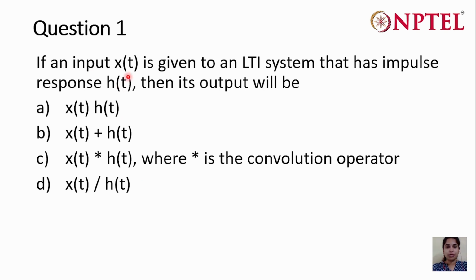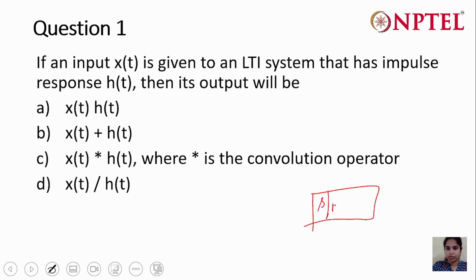If an input x of t is given to an LTI system that has impulse response h of t, what will be the output of the system? So we have a system. The impulse response of the system is h of t.